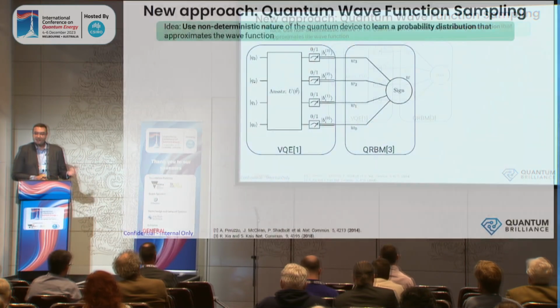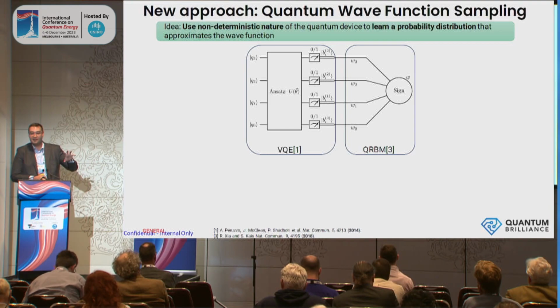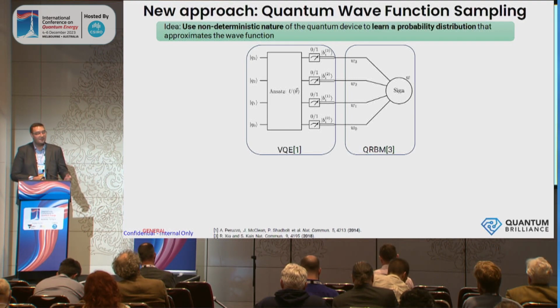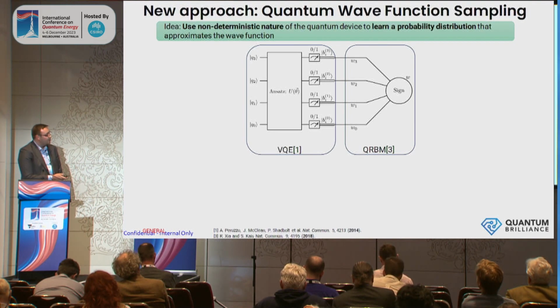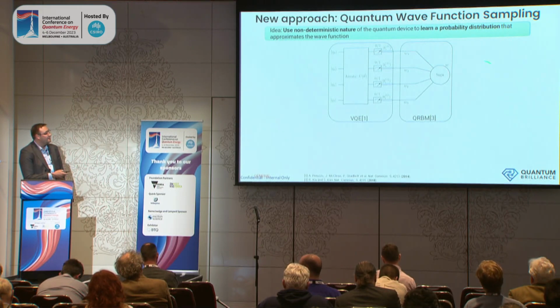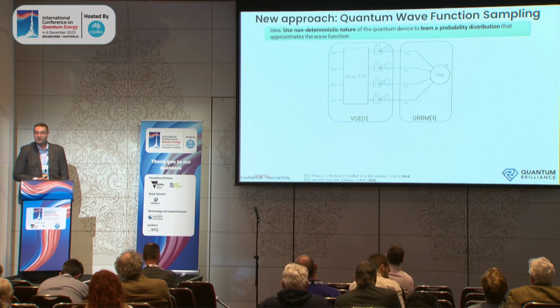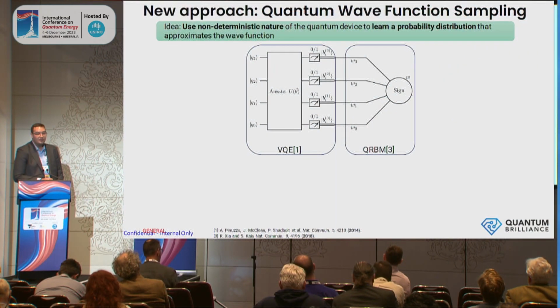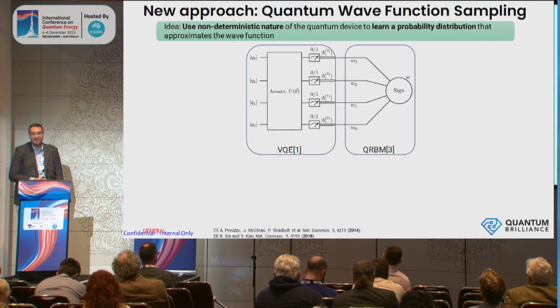But in contrast to VQE, it does not involve all these different basis rotations, but just measures all of them once. And then there's a second component that has also been used in quantum restricted Boltzmann machines, which is just a classical component. That is a single neural network node that takes in the classical bit outputs of all of these measurements and computes a phase value, so a sign for all of the contributions in the wave function.